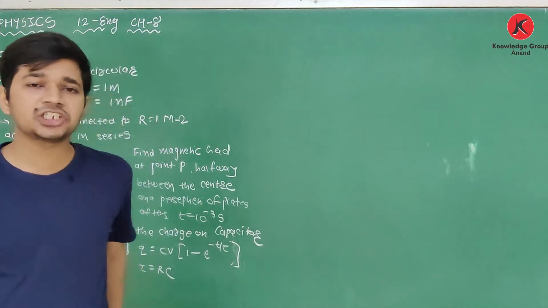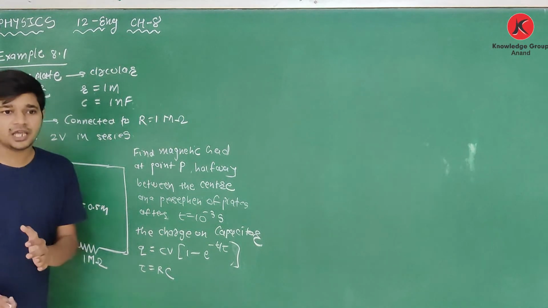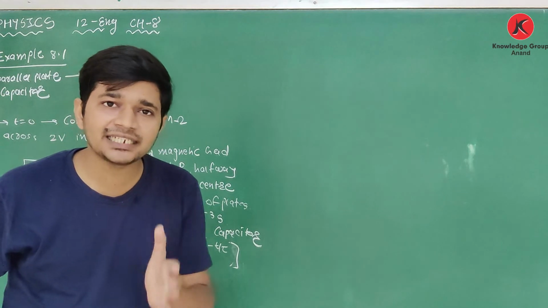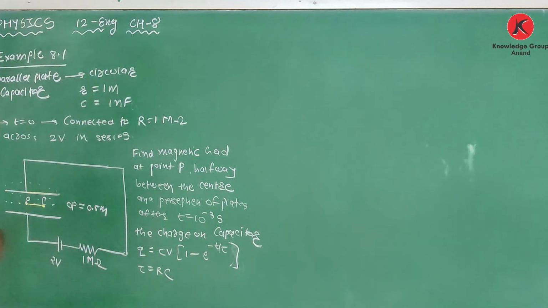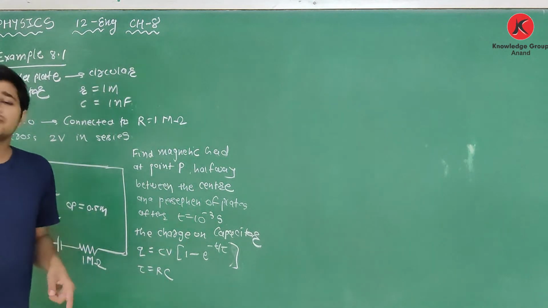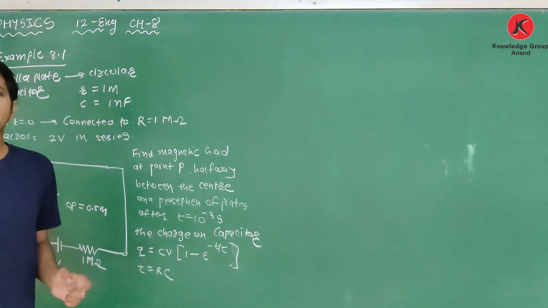IC is conduction current and ID is displacement current. For that we first have to find the displacement current ID, which is epsilon 0 d phi upon dt, where phi is flux. Flux is equal to electric field into area.